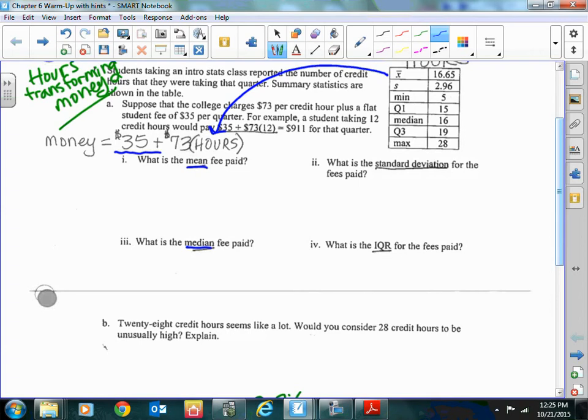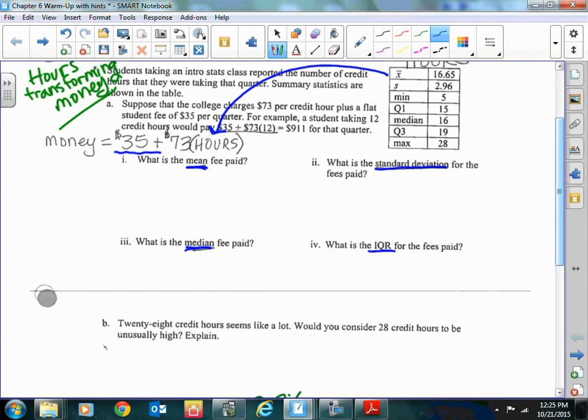Now, how about the multiplication? What do multiplication and division do? Multiply and divide affects them both, meaning the center gets multiplied by 73 and the spread gets multiplied by 73.